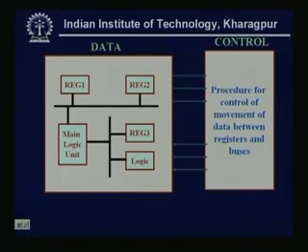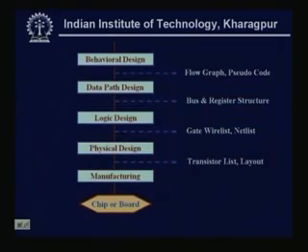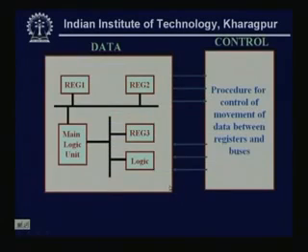Now, in the design flow, say the data path design, once the behavioral design is unambiguously defined, then using some bus and register structures we can do the data path design. So, see, this is my data, and these are nothing but registers.